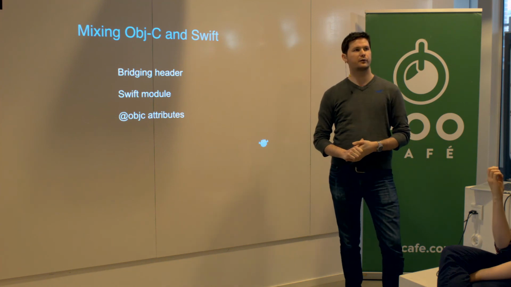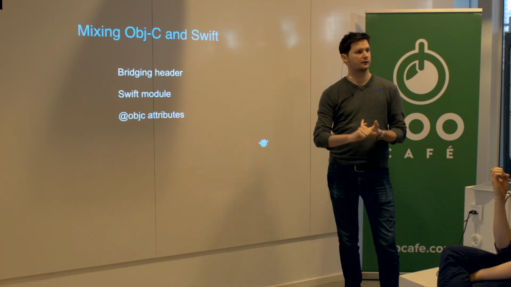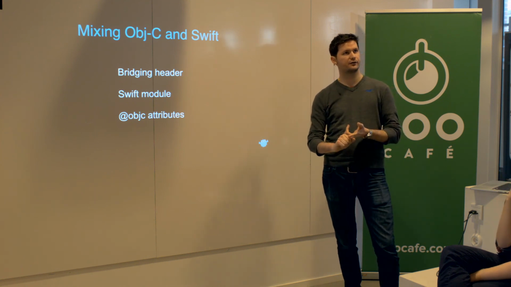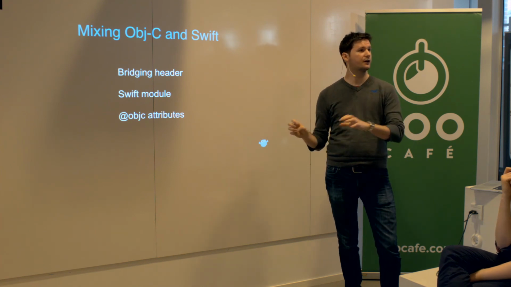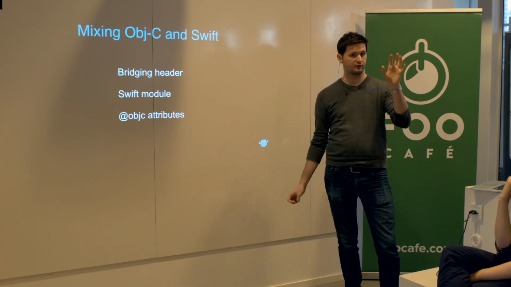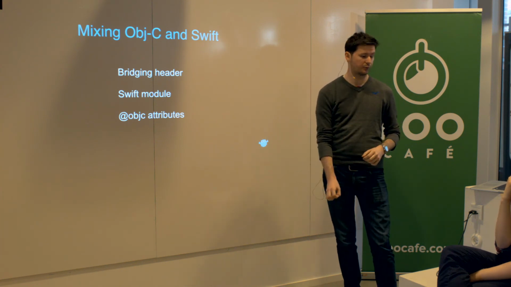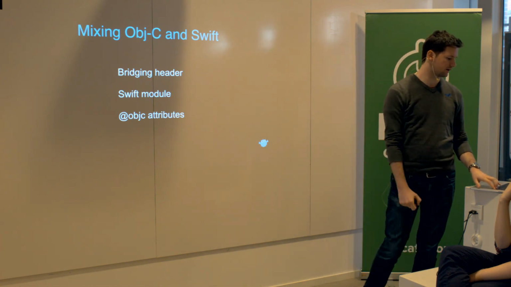And a thing to remember is that Swift is much more powerful, so concepts like tuples and enums that aren't integers are not available in Objective-C, so you cannot export an enum containing a string into Objective-C. But the compiler will just warn you about that, so just go ahead and try it.